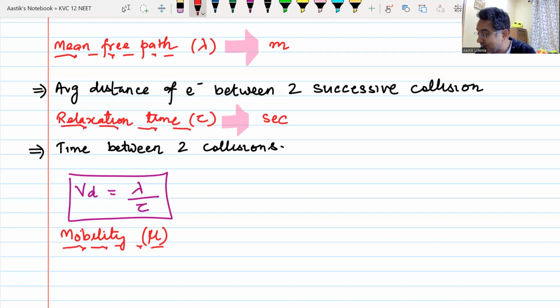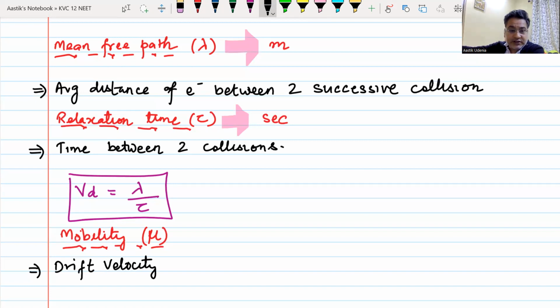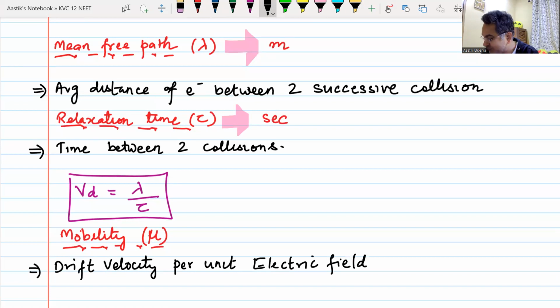This mobility is defined as drift velocity per unit electric field. So basically, your mu becomes drift velocity divided by E, where E is your electric field.